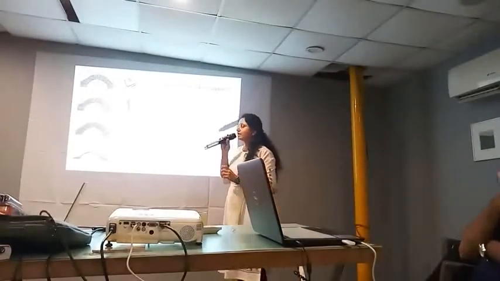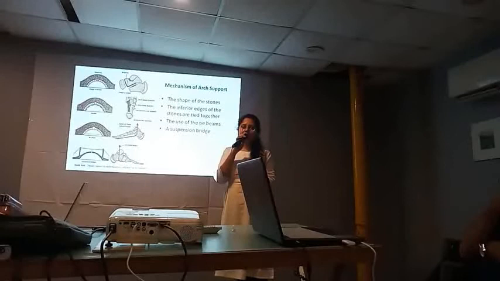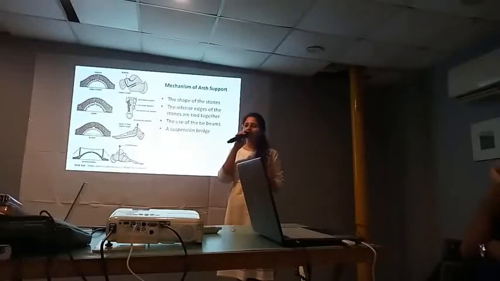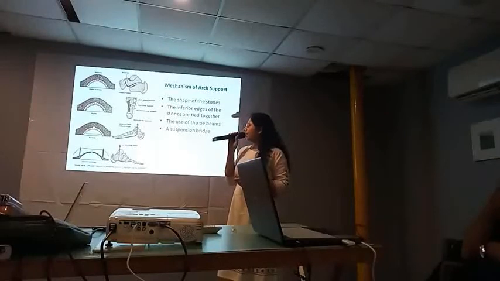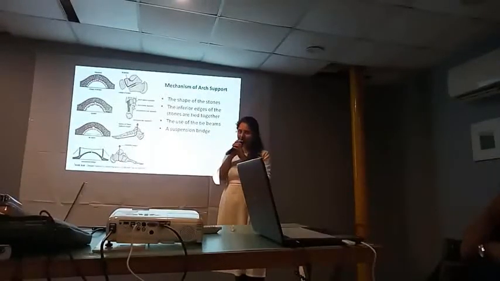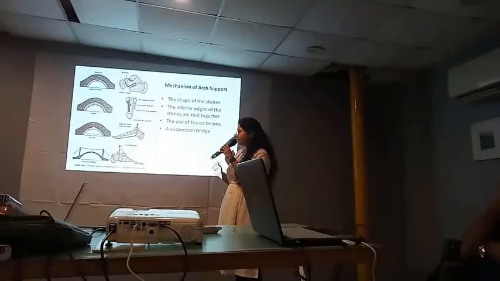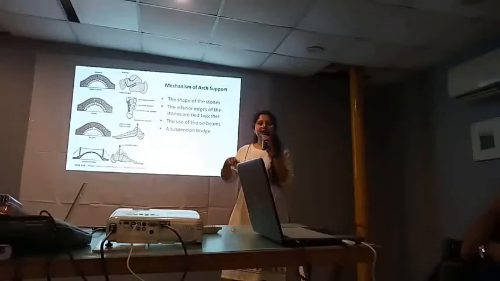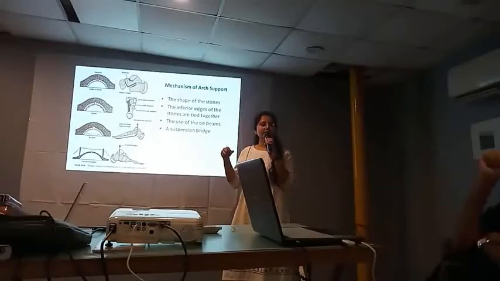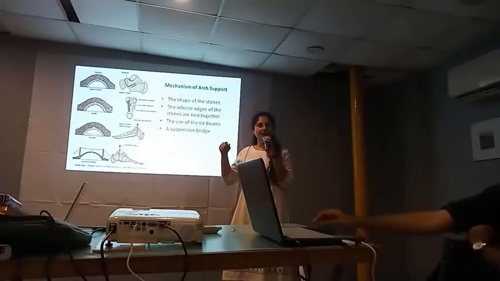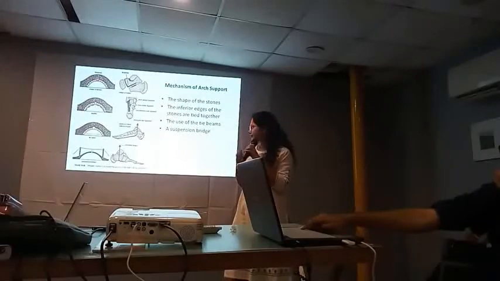Then we come to the tie beam part, that is the base of the bridge that holds the pillars of the bridge. In our body, that is the muscle tendons. And then comes the suspension part. It is like a cable which holds the bridge from above, and it maintains the structure throughout.